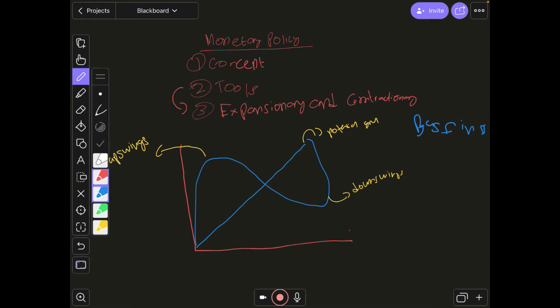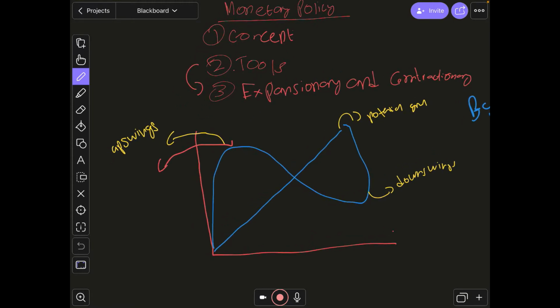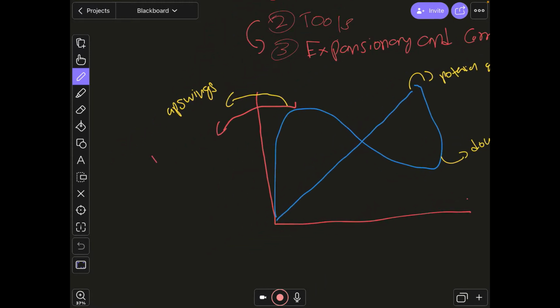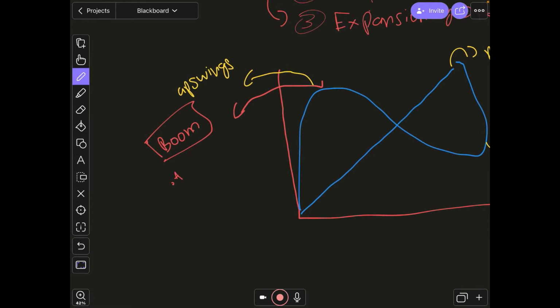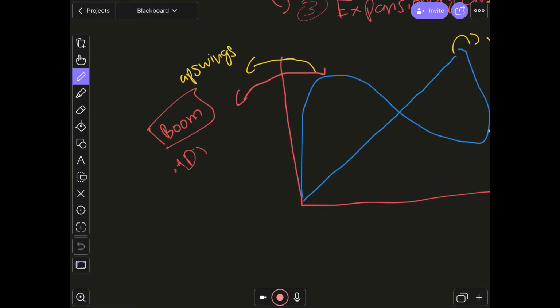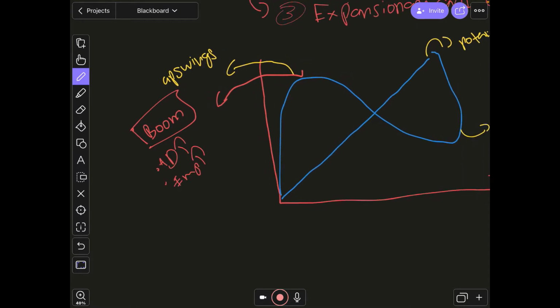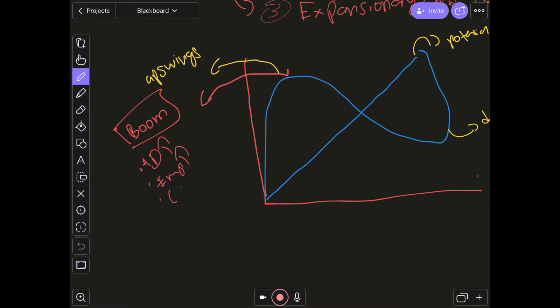The crest, this part, which is also labeled as upswing, represents a period of boom, which is a very weird term, but it does exist. So it's a period of boom where the aggregate demand is high. Employment is also high. And obviously consumption is high.